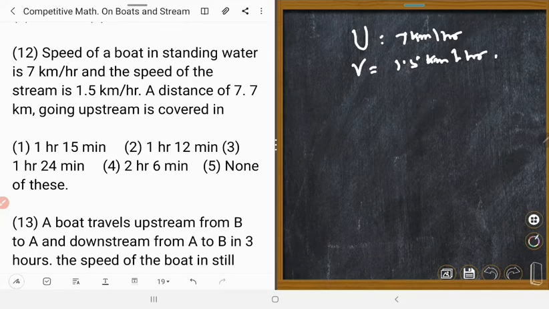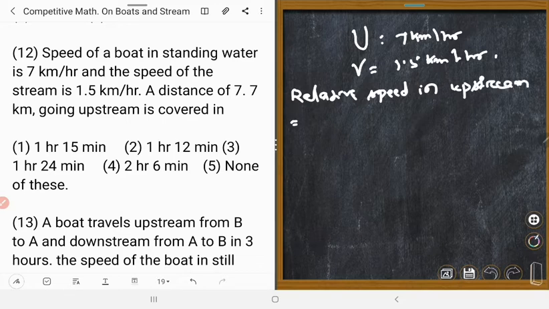Right? Relative speed in downstream means U plus V. Relative speed in upstream means U minus V. U minus V is equal to 7 minus 1.5 is equal to 5.5 kilometer per hour. Right?